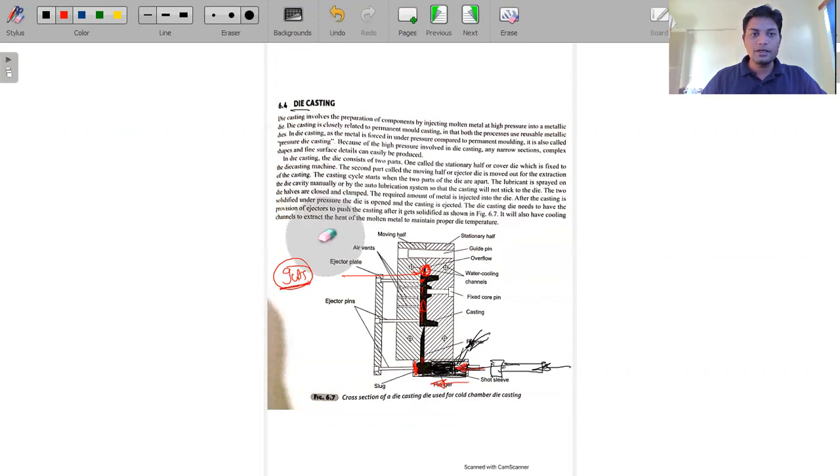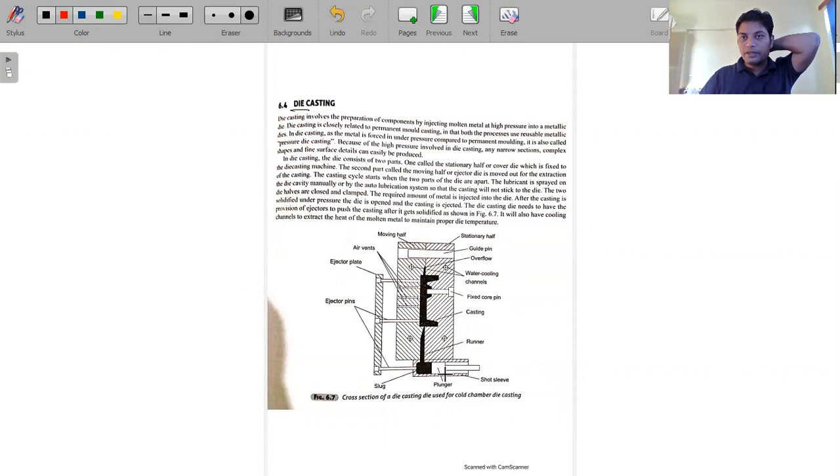Now here, the important thing to keep in mind is that the volume of this cylinder should be greater than the volume of the molten material required for the mold cavity. Please keep this in mind, because if the amount of molten material we are filling inside this cylinder is not greater than the volume of the casting, then it will run short in between.